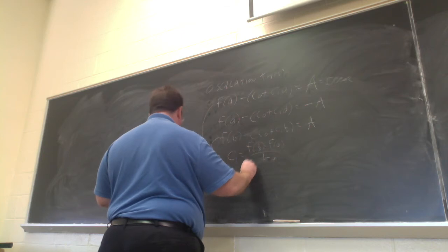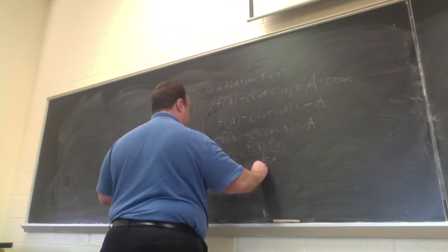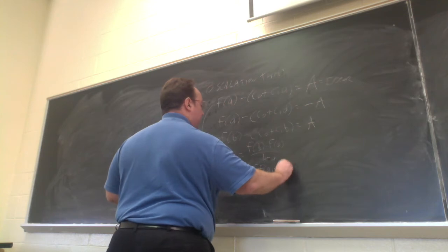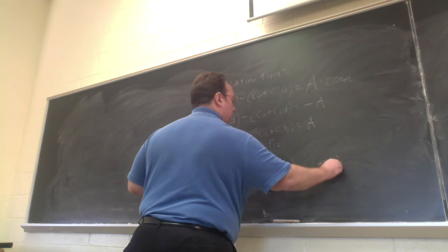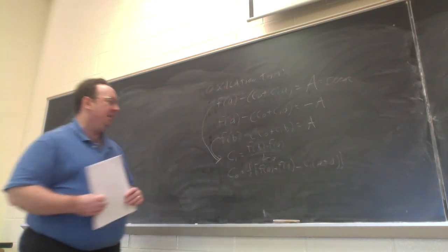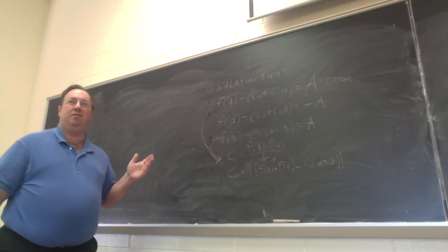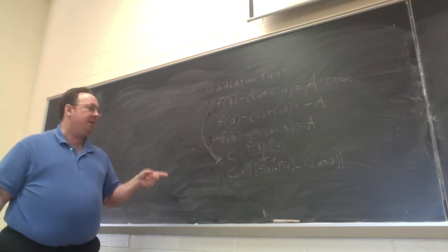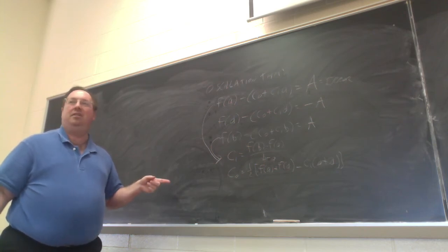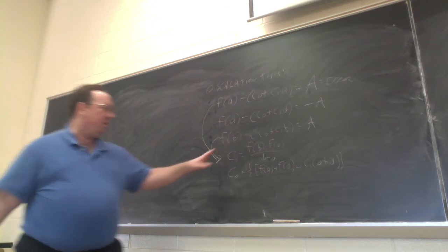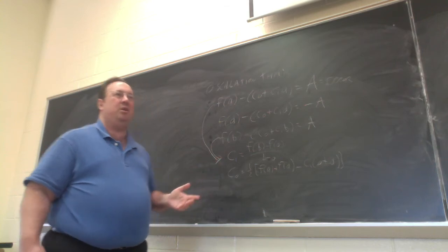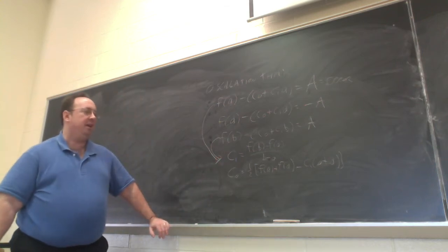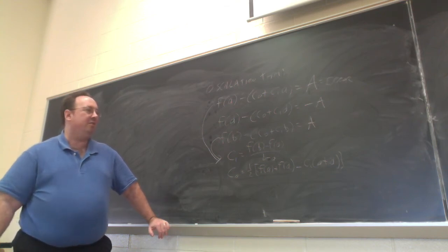So C naught turns out to be 1/2 times f of a plus f of d minus C1, which I know, times a plus d. So I can almost solve this completely. Of all the quantities that I have here, what's the one that I don't actually have a value for? G? Yeah, or d itself. Because d is the unknown point. That's the next critical number.